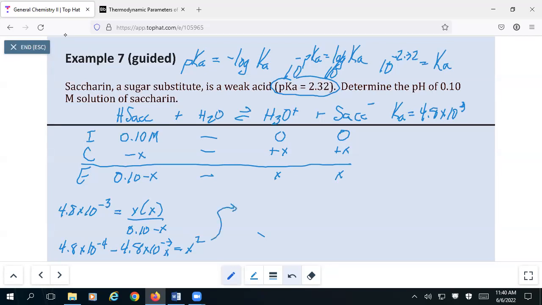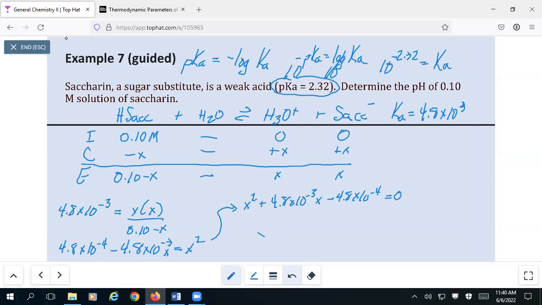So if we carry that all the way through, x squared plus 4.8 times 10 to the negative third x minus 4.8 times 10 to the negative fourth is equal to 0.